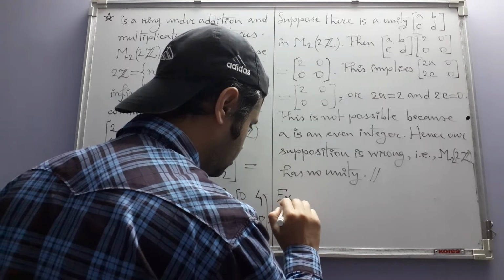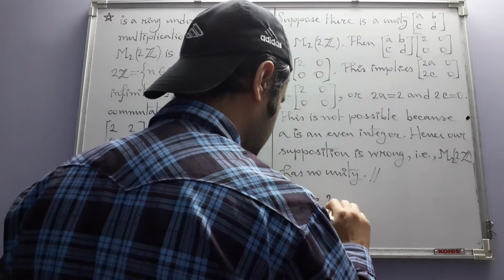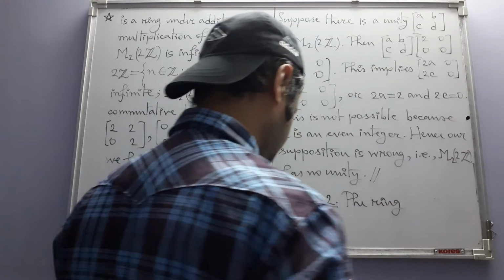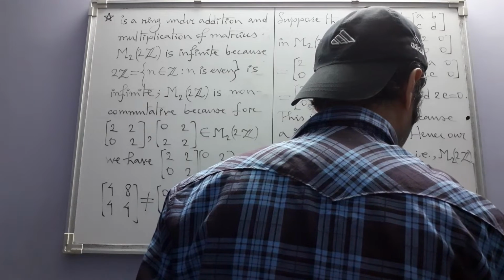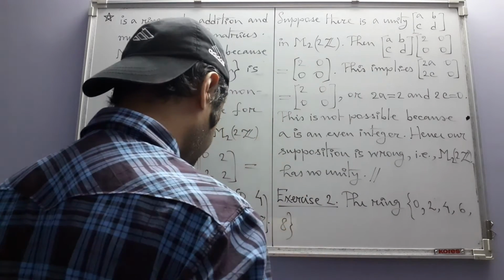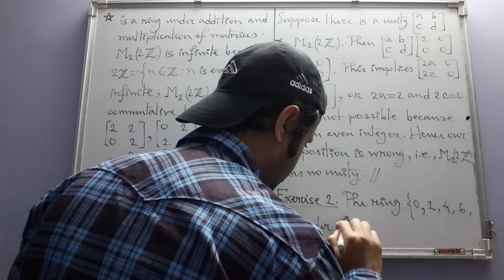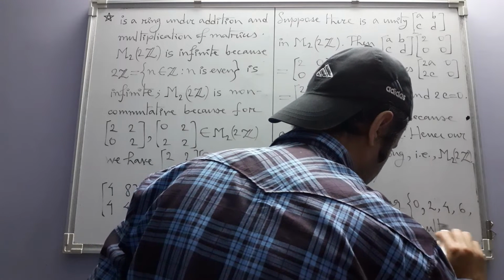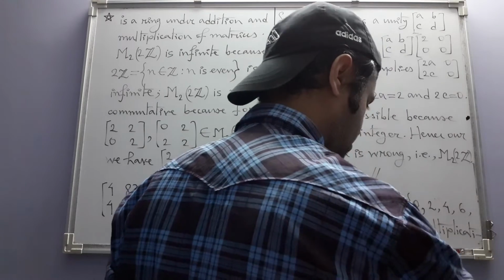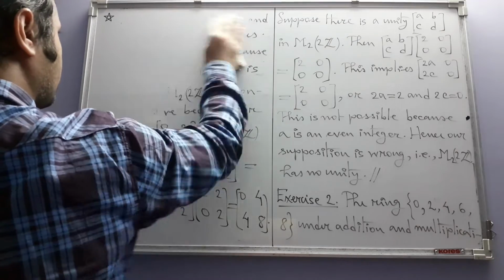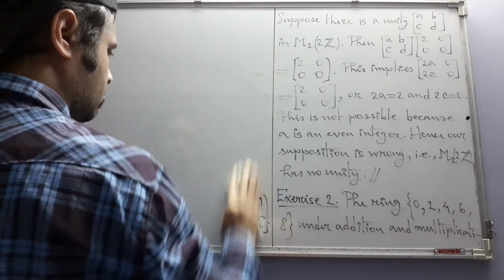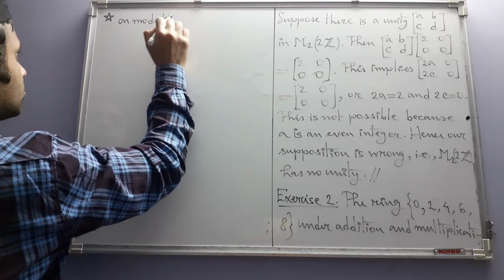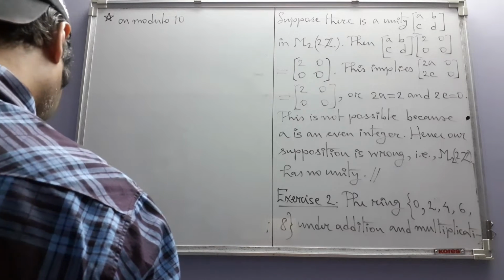Then exercise 2. The ring 0, 2, 4, 6, 8 under addition and multiplication modulo 10 has a unity.